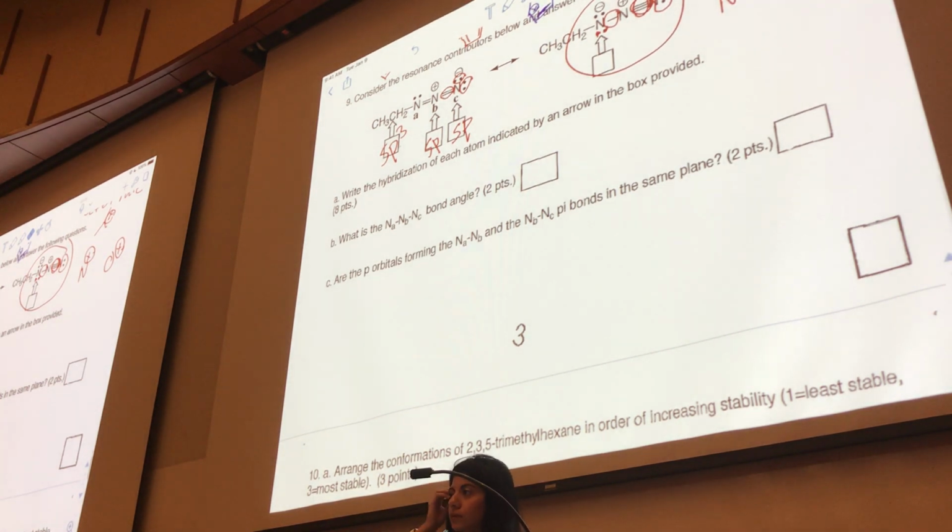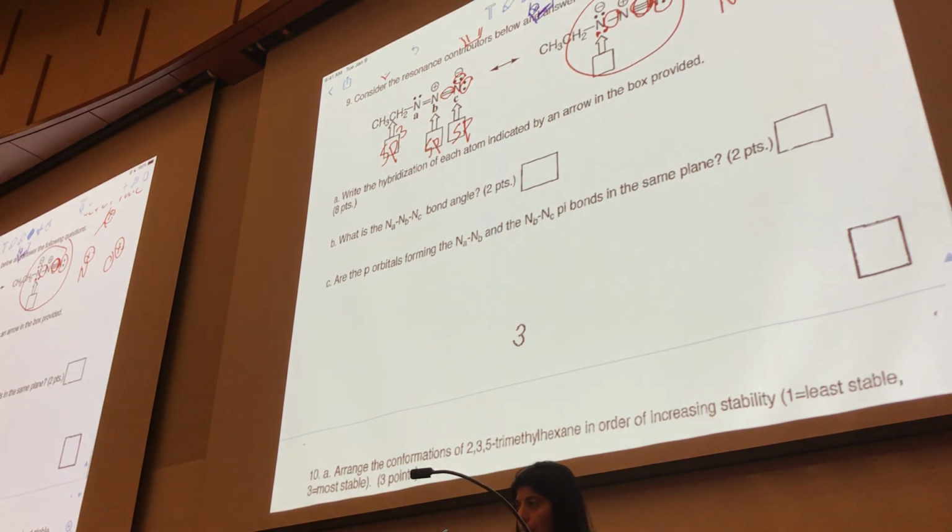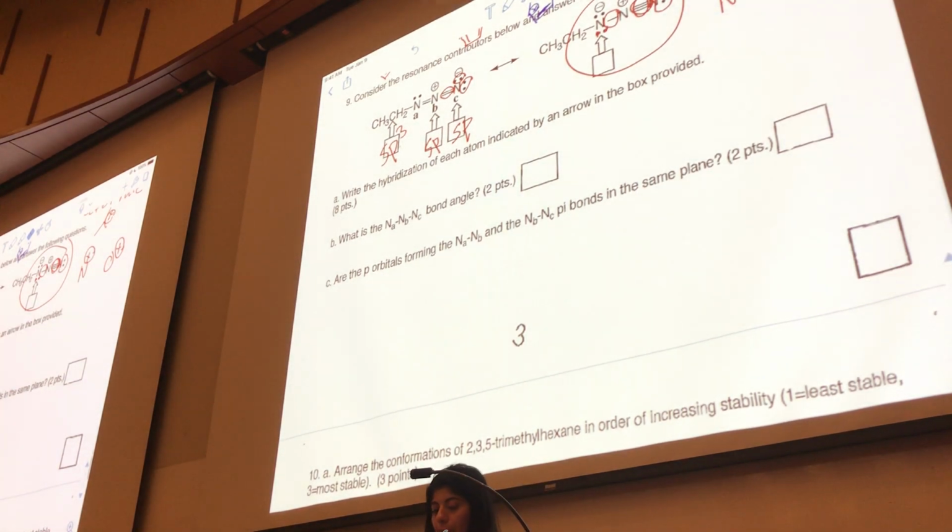How do you change it by resonance, do you change it into a triple bond? Yes. So what happened was this lone pair right here, one of these, came down and pushed this off because nitrogen cannot have 5 bonds.